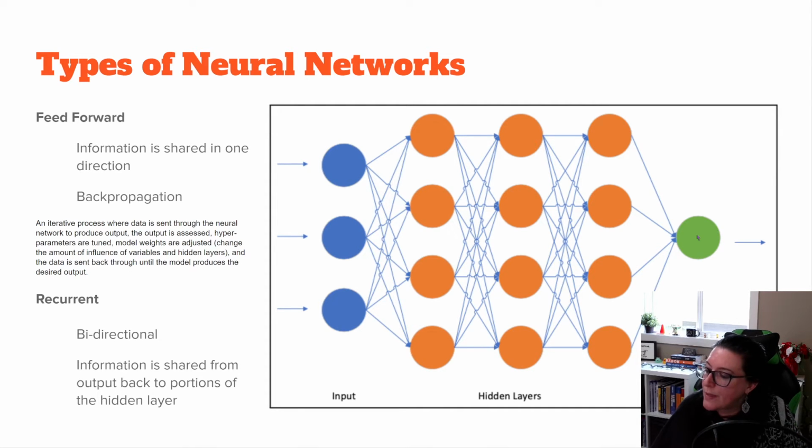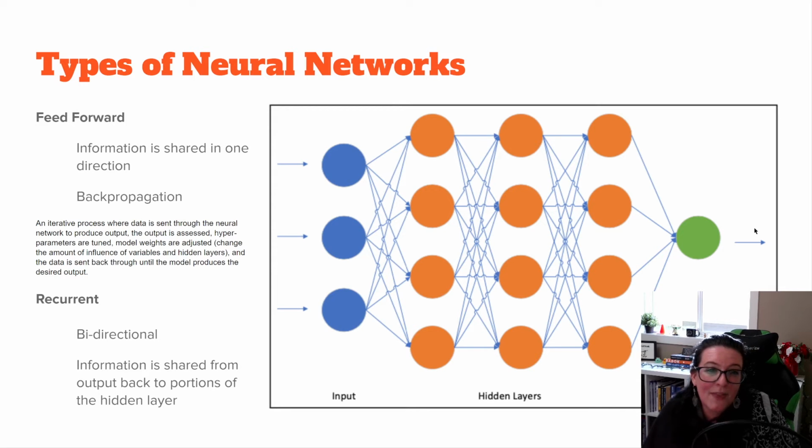And so then what we're doing is going back through again after having adjusted the weights and some of the hyperparameters, and then sending it all through again to see if that improves the accuracy or decreases the amount of error, measured in terms of mean squared error or mean absolute percent error. So the backpropagation is with the feed forward. We go all the way through and then we go around after tuning it and go through it again.